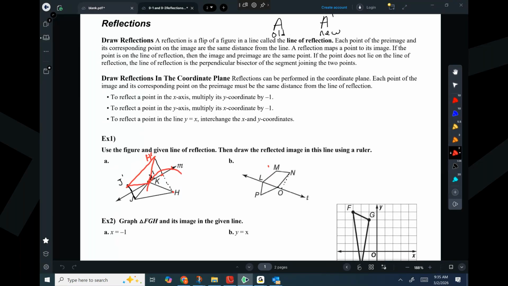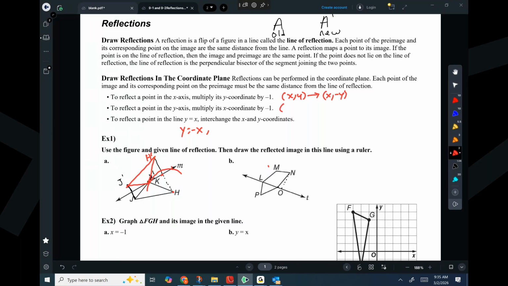And we probably want to include this, right? Let's do this one. And when I'm reflecting over y equals negative x, what did we say? I think it's better to do it this way. When we reflect over the x-axis, xy becomes x negative y.